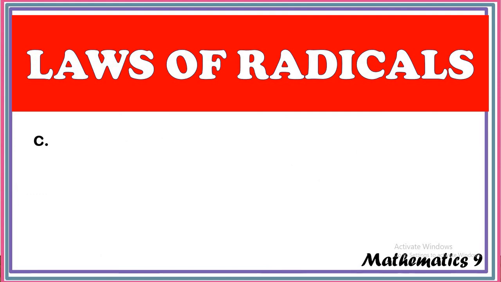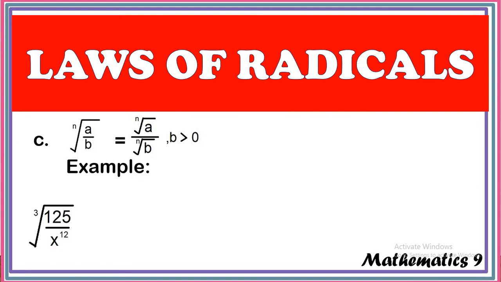Another law of radicals is the nth root of a over b. It will become the nth root of a for the numerator over the nth root of b for the denominator, where b is greater than 0. For example, we have the cube root of 125 over x raised to 12. You can write it as the cube root of 125 over the cube root of x raised to 12.